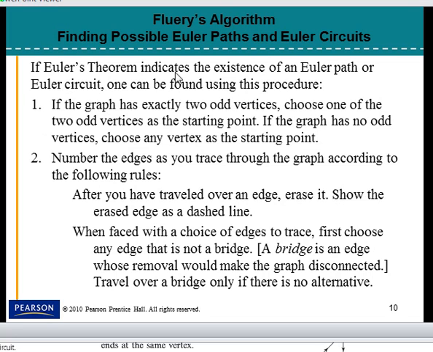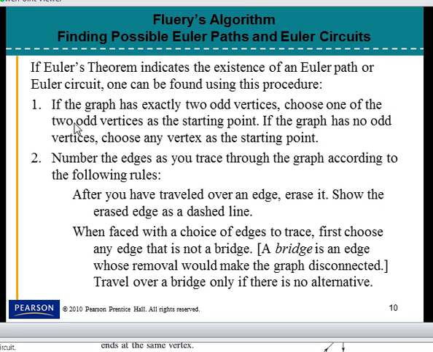If Euler's theorem indicates the existence of an Euler path or Euler circuit, one can be found using this procedure. So Euler's theorem would tell us whether or not we have Euler paths and Euler circuits. And then we can use Fleury's algorithm to help us find them. Instead of just using trial and error, we can use Fleury's algorithm.